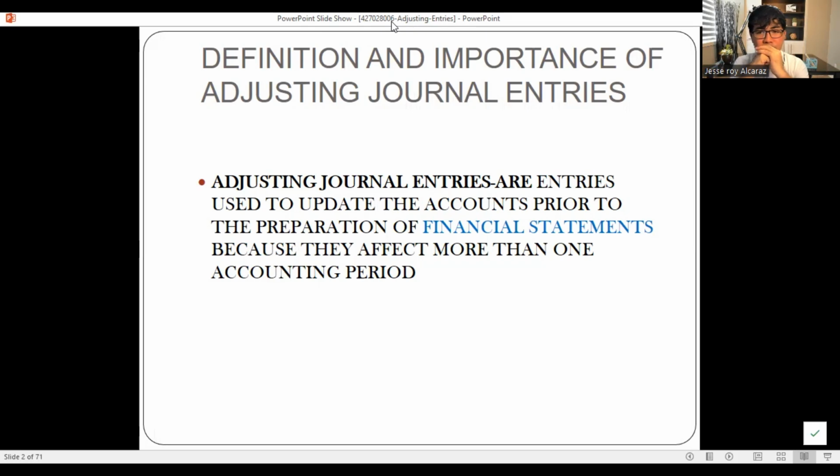So we won't know what it was before it became 9,000. So our first entry, which usually happens during the journal entries part, is 10,000, and then we will make an adjusting entry to correct the balance. In that case, to make it 9,000 from 10,000, we deduct 1,000 pesos.